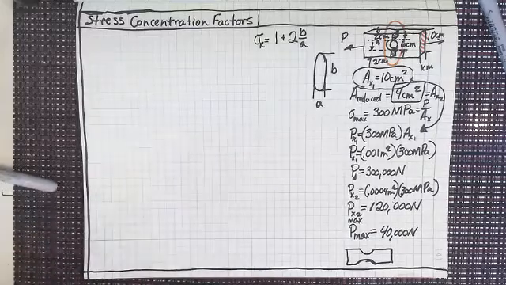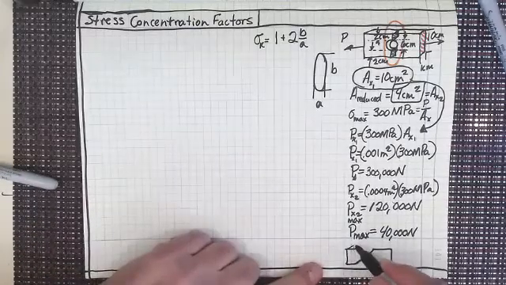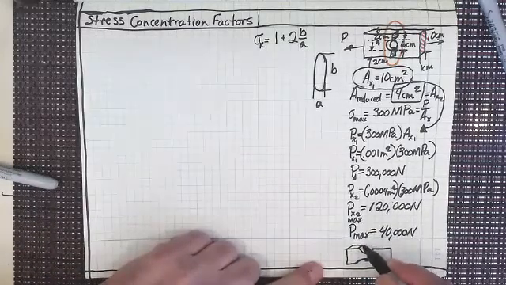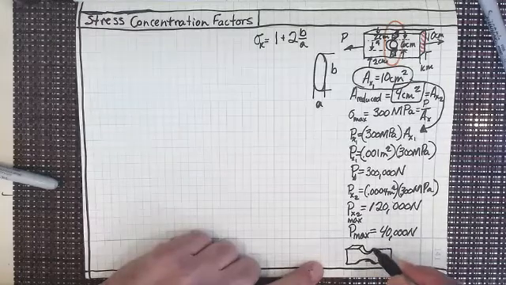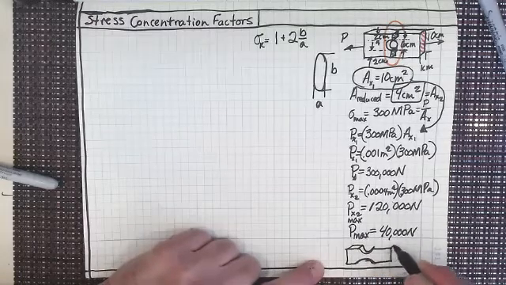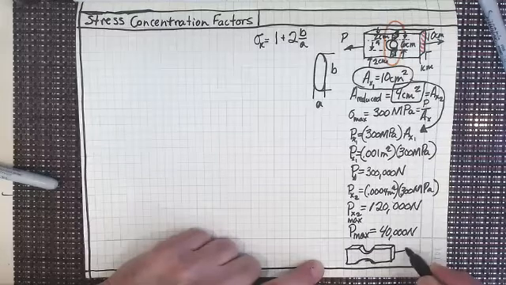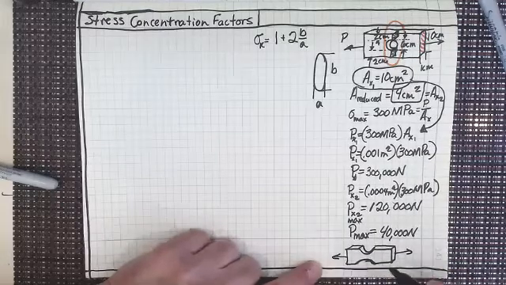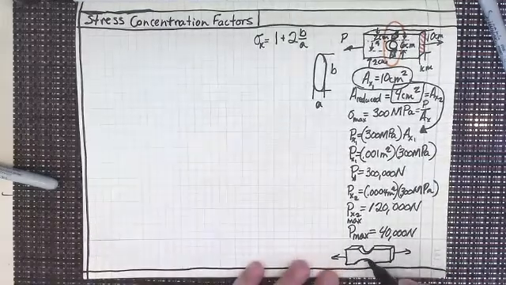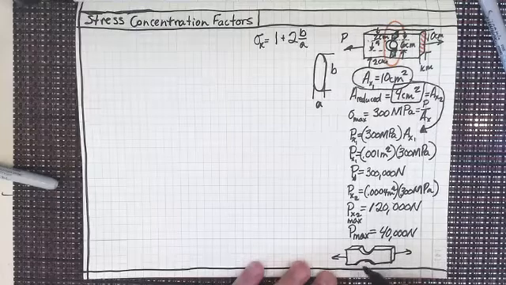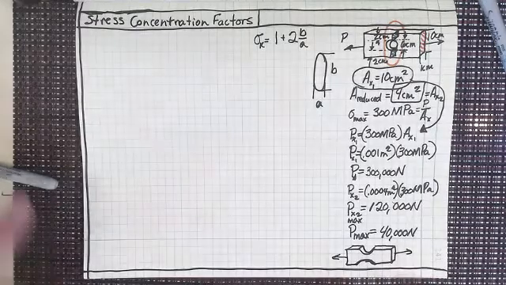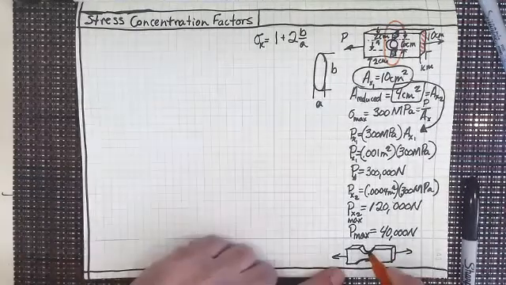I better draw it in 3 dimensions, or nobody's going to be able to see what I'm doing. Right, so if I'm pulling on this and I've filleted this too, you're thinking to yourself, oh, okay, well, because I put a fillet in there and everything, I don't have to worry about it.